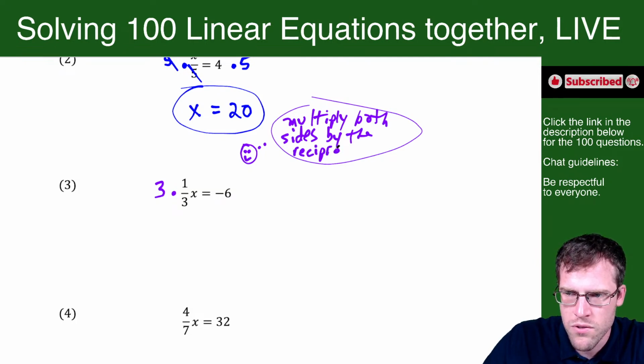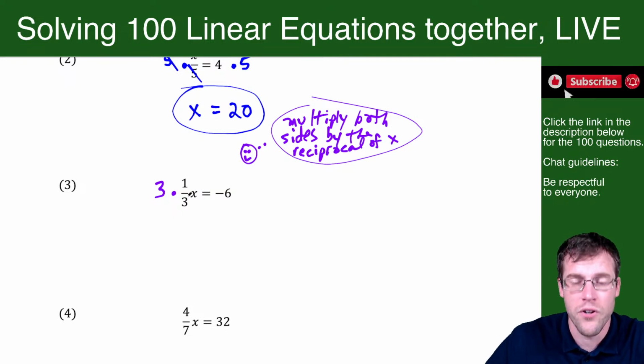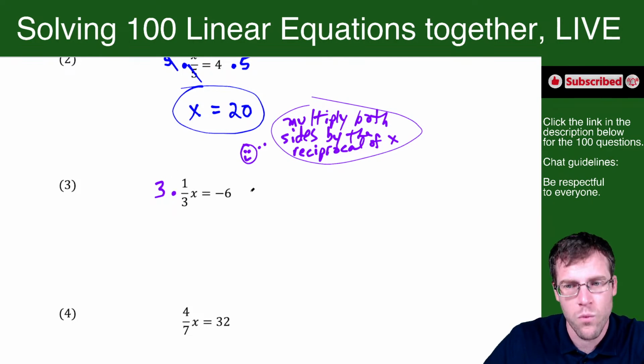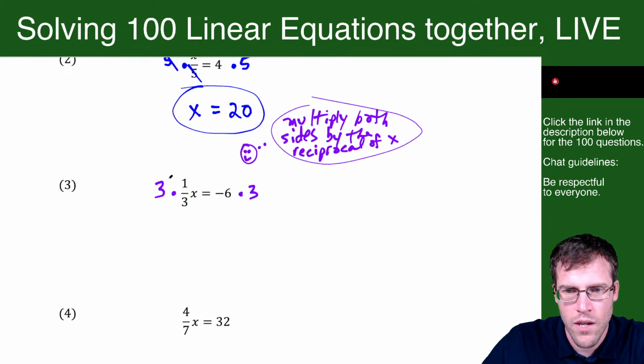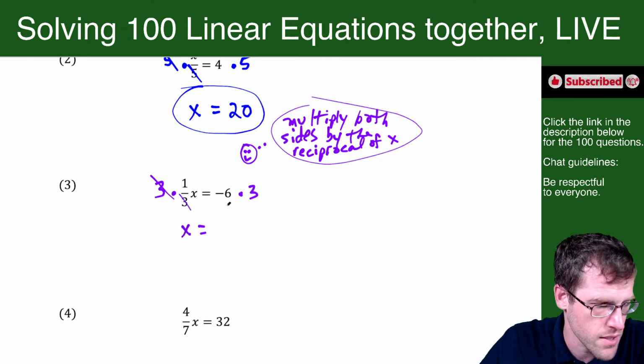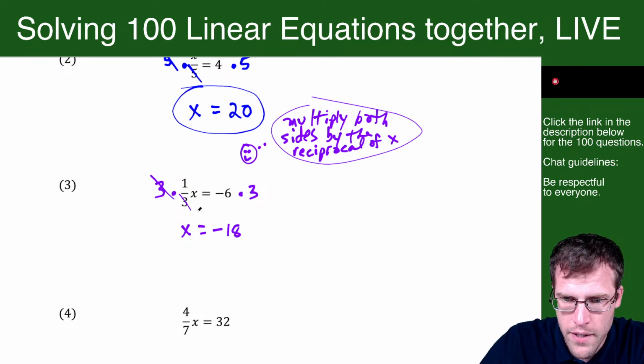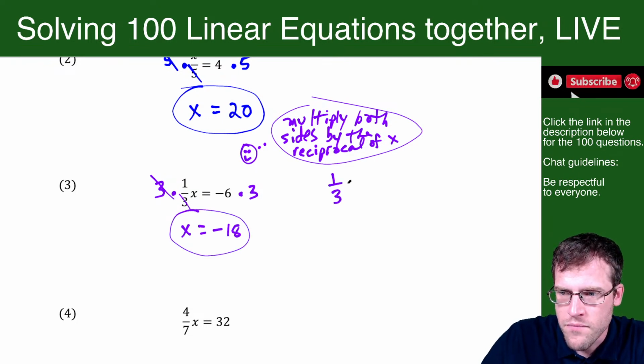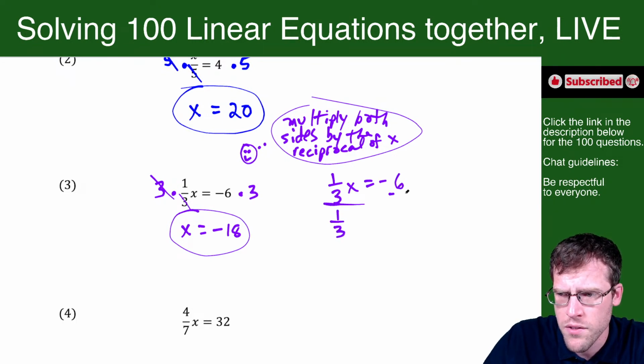Right now we have a 1/3 in front of x, so we multiply both sides by the reciprocal, which would be 3 over 1 or just 3. That's one step to do this. Then 3 over 3 cancels, and we have 1x or just x is equal to -6 times 3 is -18.